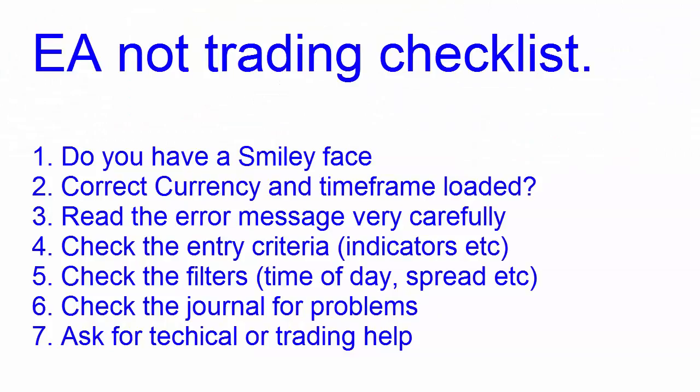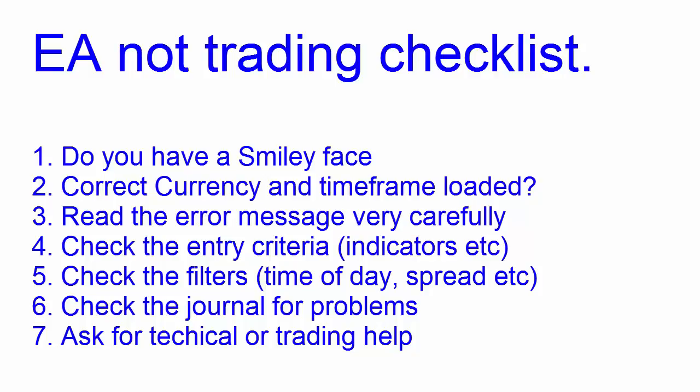Now, I hope this has helped you. As I say, don't panic when things happen. Just systematically go through the checklist that I've just given you. If you still have a problem, contact EA Factory, because there could be a technical reason why there's a problem.